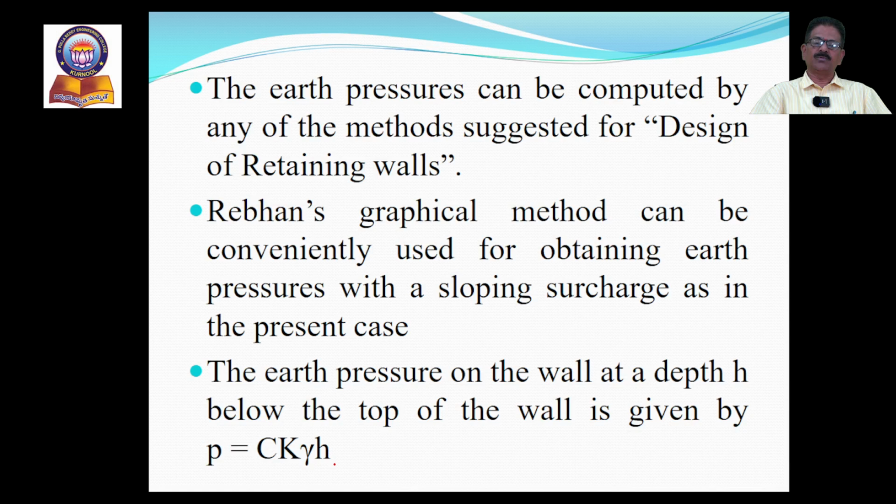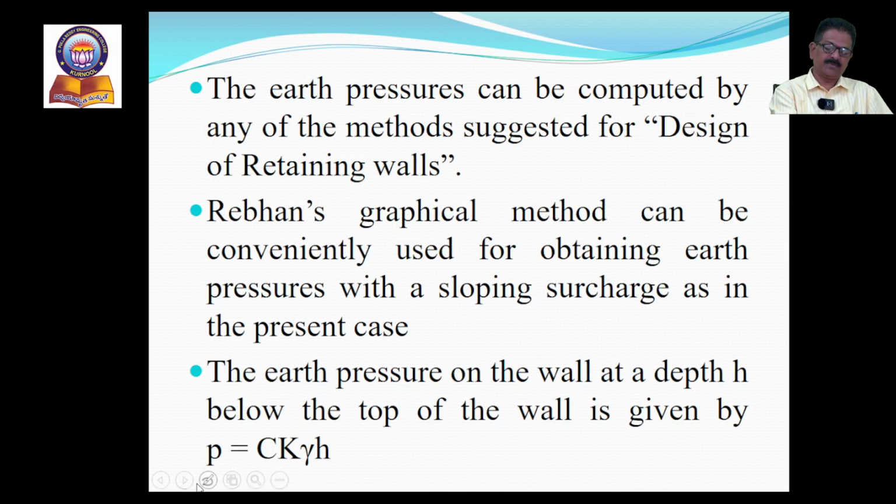Like that, for two extreme conditions, top and bottom, or wherever we require the earth pressure, the corresponding depth from the top should be taken as H. So in this equation, P is equal to C into K into gamma into H, the most important variable is H only. As H varies, the earth pressure varies. The remaining, C, K and gamma, are constants.